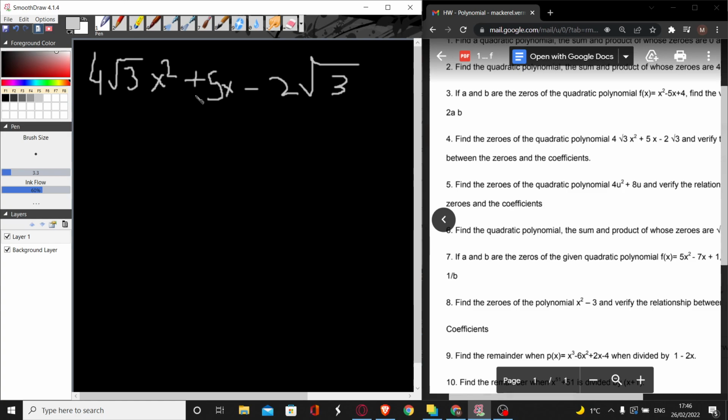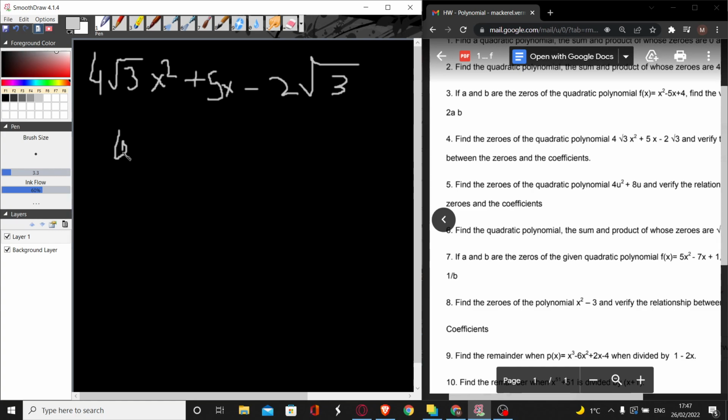So first what you're going to do is we want x square as 1 for a, which in this case is 4 times square root of 3. So we will just simply multiply this by minus 2 times square root of 3 just to get the product.